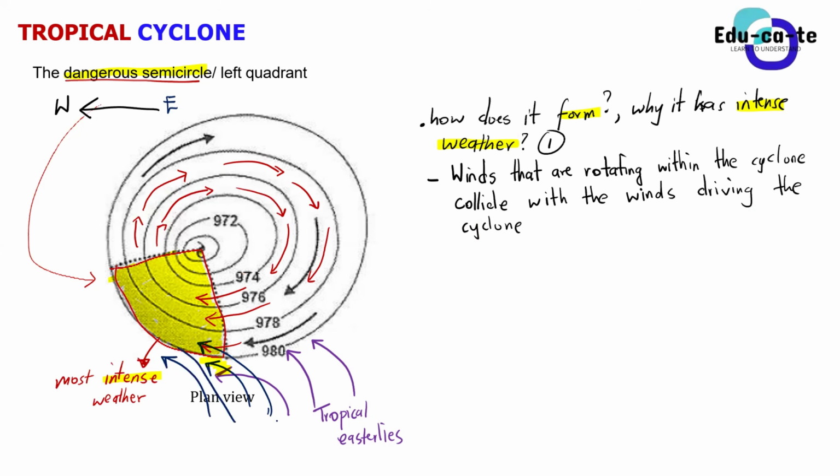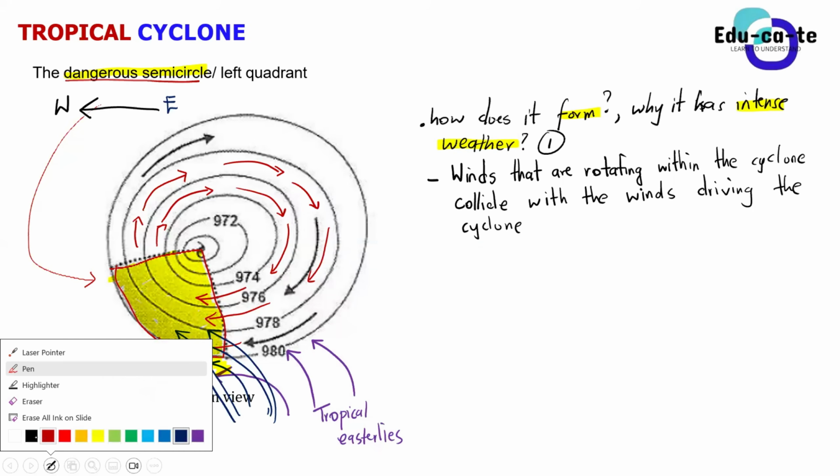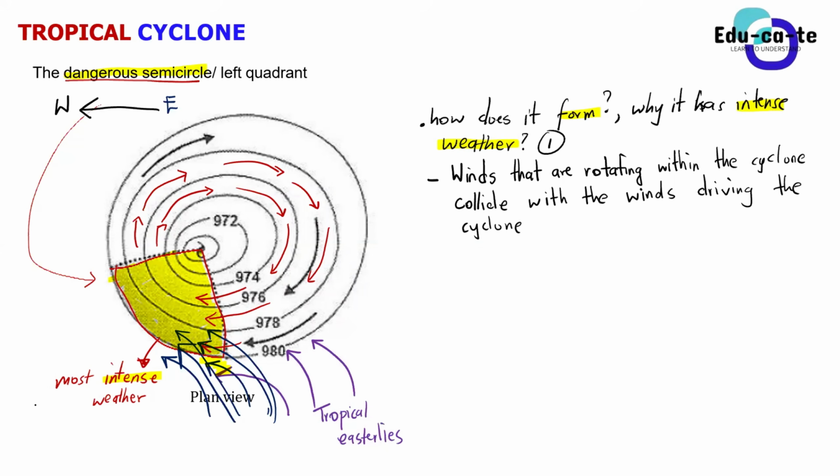Remember that they are spiraling into this low pressure system because of the Coriolis force, right? So as these winds are being drawn into the low pressure system, they will meet with these other winds that are rotating. So this blue wind and this red wind, when they meet each other, create a lot of intense weather condition. Particularly, it is strong winds.